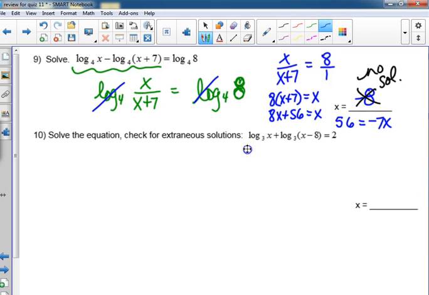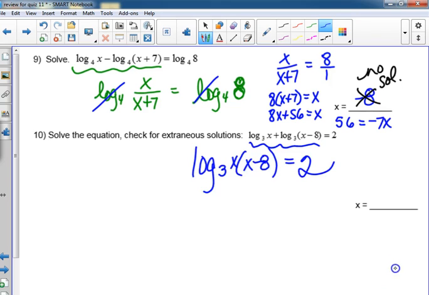All right, what's wrong with this one? I can't get rid of the logs. I still have to condense this side, and it's a plus in the middle, so it becomes a multiply. And then I have to either exponentiate or rewrite.